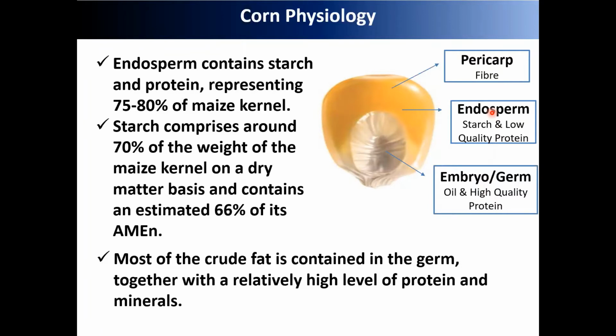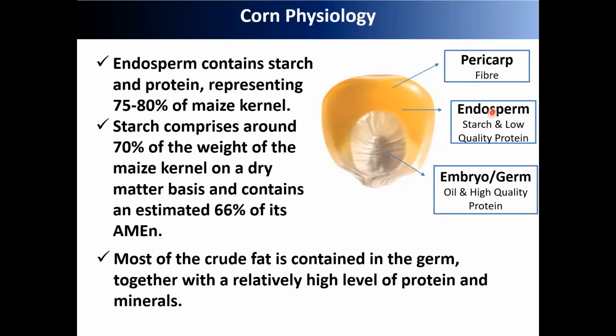Starch, the primary carbohydrate in corn, comprises around 70% of the weight of the corn kernel on a dry matter basis. Corn starch contributes approximately 66% of the AME content in broiler diets. The endosperm contains most of the starch and protein in the kernel.